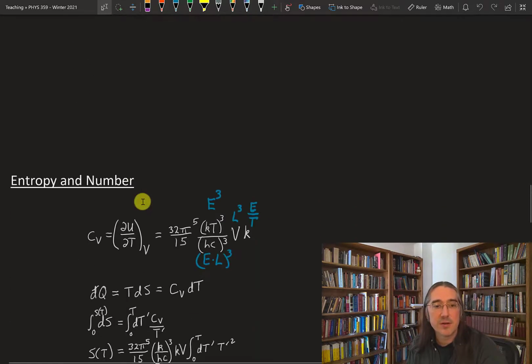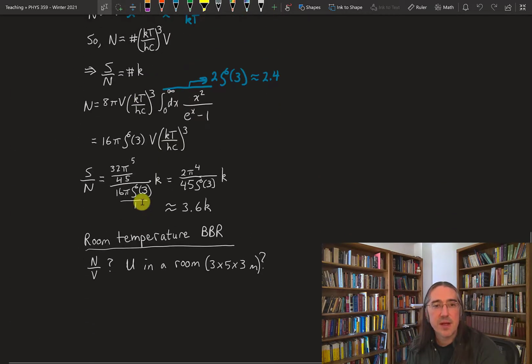So we come down and we end up with the same 8 pi V kT over hc cubed. And now our integral to get the numerical factor has x squared instead of x cubed over e to the x minus 1. I told you before, and it continues to be true, you could in principle do this integral yourself with the techniques we used last class. Even more profitably, you could prove a general relation, which is these things look like gamma of n plus 1 times zeta of n plus 1.